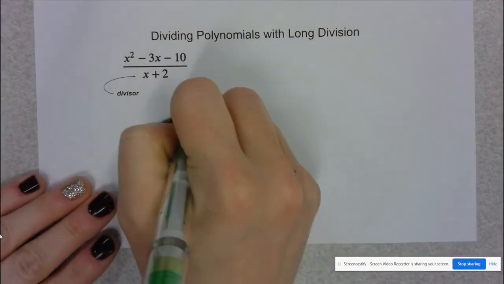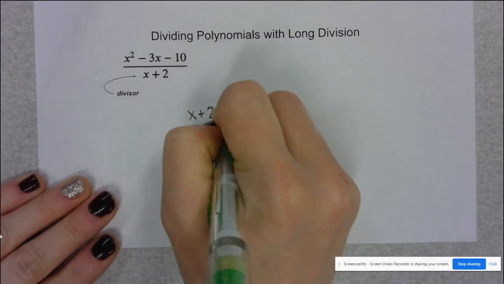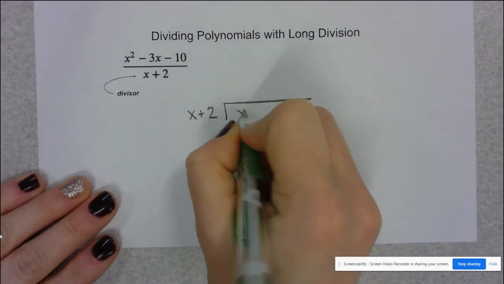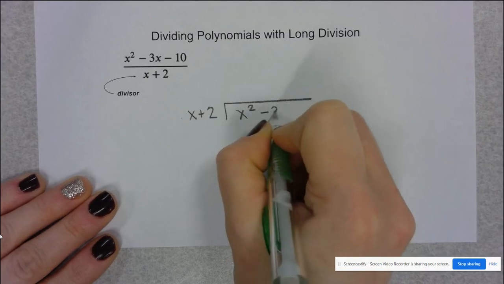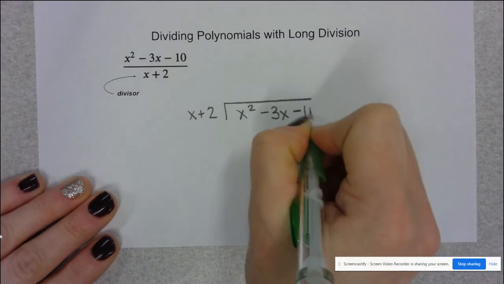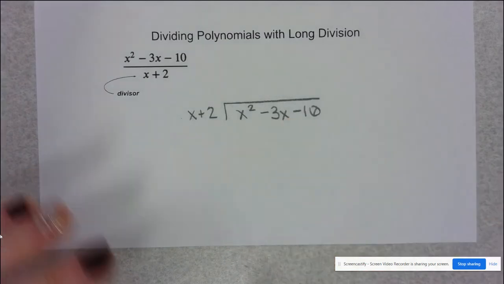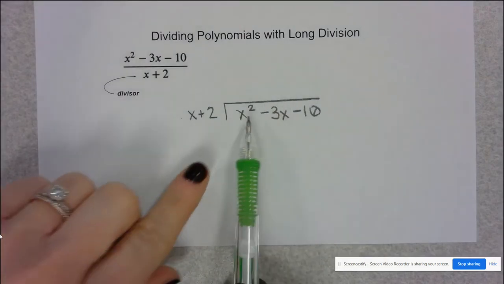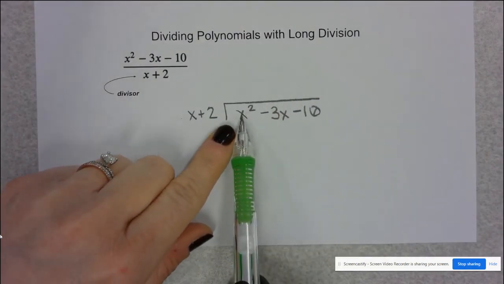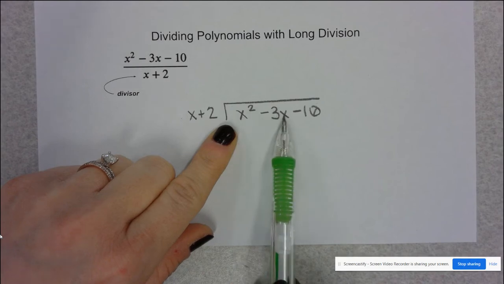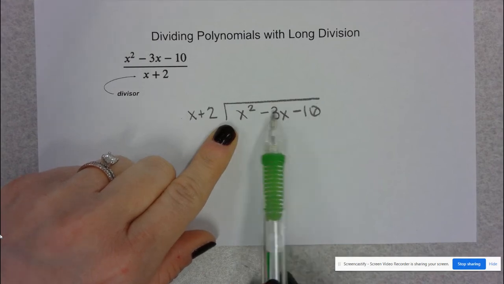So x plus 2 is my divisor. That's going to go on the outside. And then I'm going to have x squared minus 3x minus 10. One thing to notice here is that I do have my x squared term, I have an x term, and I have a constant.